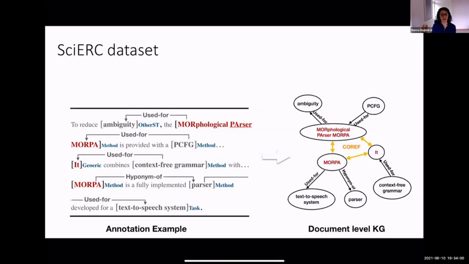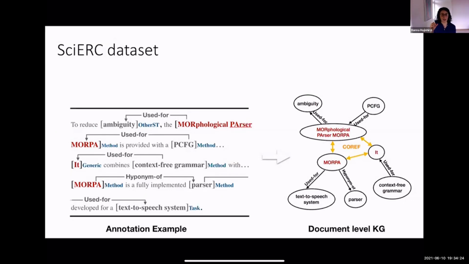A few CS grad students started annotating and extracting entities that are important concepts. We have 6-7 different types of entities in our schema, and also 6 or 7 different types of relations, describing how these things are related to each other, things like used-for, hyponym-of, and so on. And this is how the annotation works.